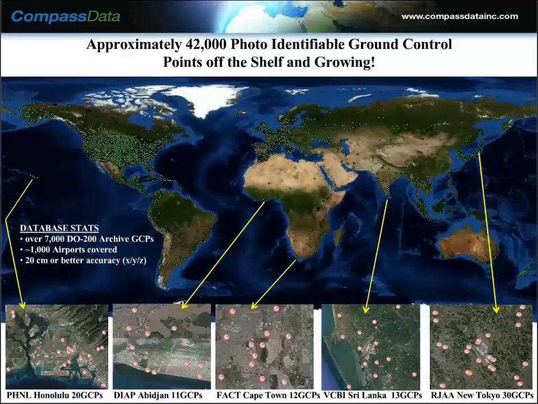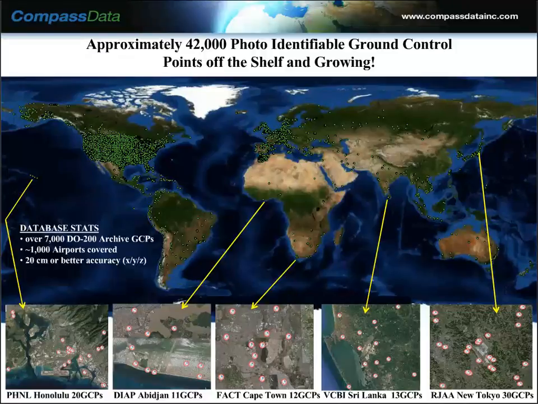Not all of these points are collected for airports, but as you can see here, there are about 7,000 DO-200 GCPs in our archive that cover over 1,000 airports with accuracies better than 20 centimeters X, Y, and Z. In most cases the accuracy is much better than that, but based on our data quality requirements for this certified product, 20 centimeters is sufficient, especially because we're using satellite imagery with a resolution of 30 to 50 centimeters ground sample distance.